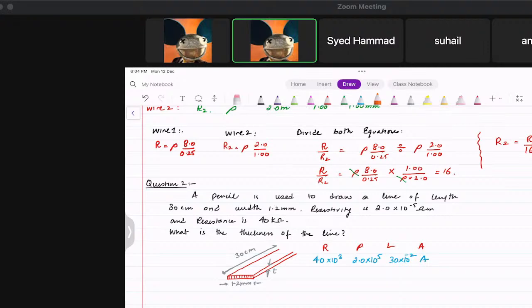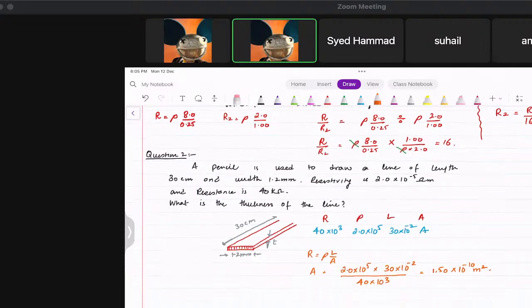So when you use R equals rho L upon A, area is going to be resistivity, 2.5 times 10 raised to 5, length 30 times 10 raised to minus 2, and resistance you divide, like this. This basically makes it 1.50 times 10 raised to minus 10 meters square. You can actually find it yourself as well.